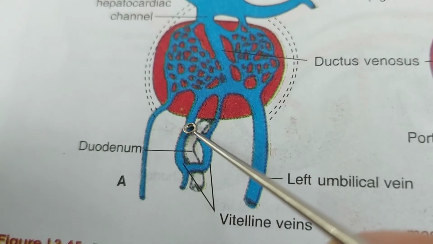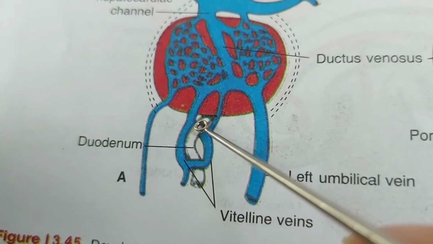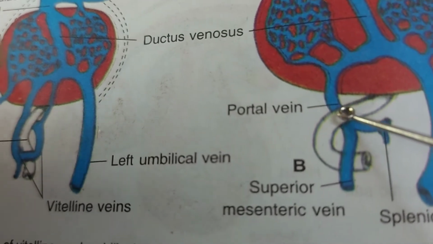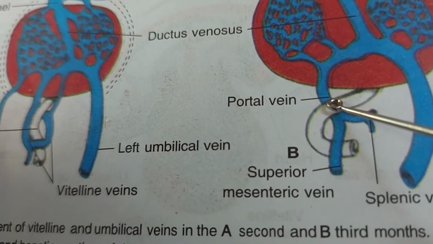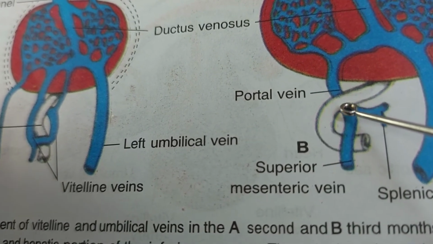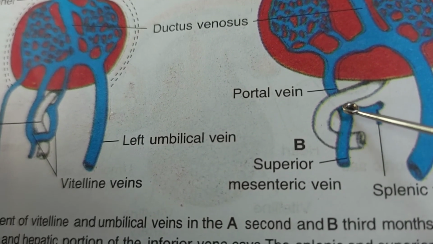And here we can see the duodenum, and here are the parts of the portal vein. Above the duodenum is the supraduodenal part, behind the duodenum is the retroduodenal part, and inferior to the duodenum is the infraduodenal part.